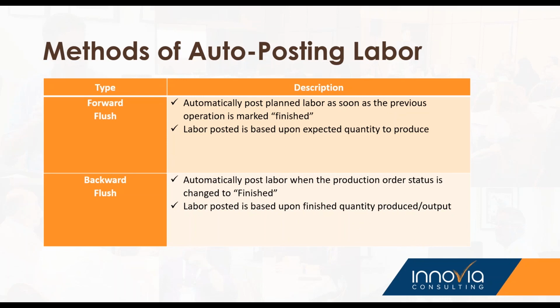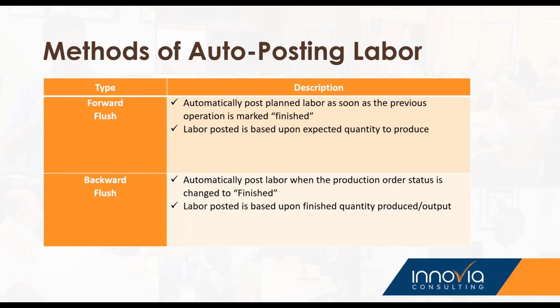You can turn on to auto-consume labor based on your plan two different ways. Backward flushing, if that work center or machine is set up with the flushing method on, and we'll show you that is on the work center or the machine. And probably if we look, a lot of people have manual because they don't record labor, or they're recording it manually, but it's available.